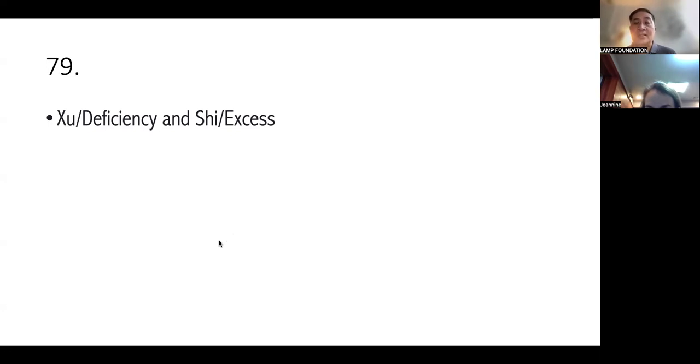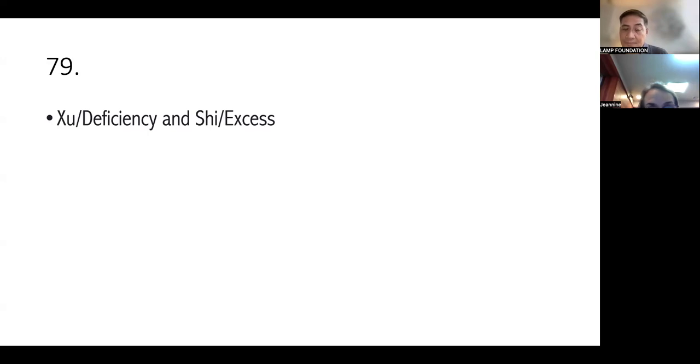So, earlier, diniscuss natin yung deficiency, excess, and mixed deficiency and excess. Can you repeat the definition? Deficiency means pagkakaintindi ko, kulang siya. So, deficient. Empty ang upright qi. Yes. And then wala ring pathogen.